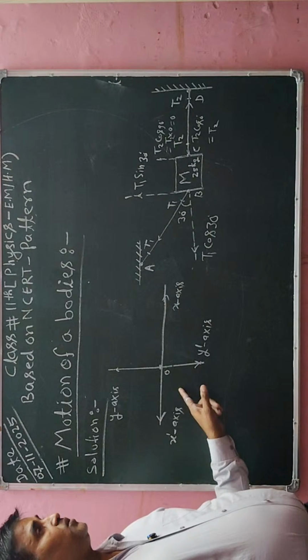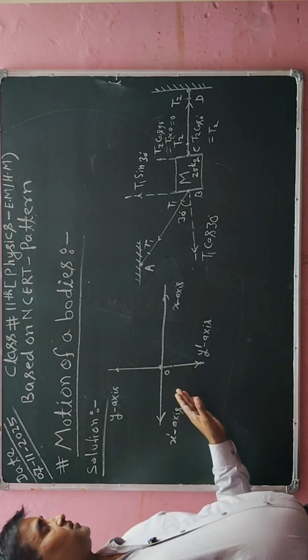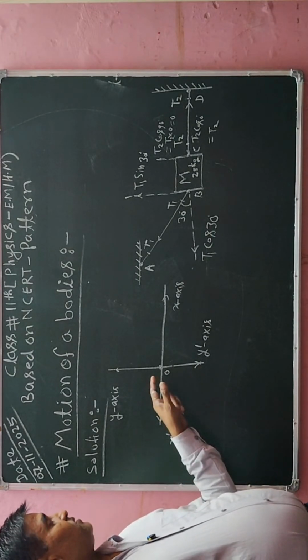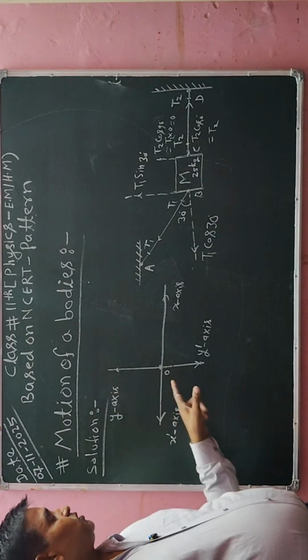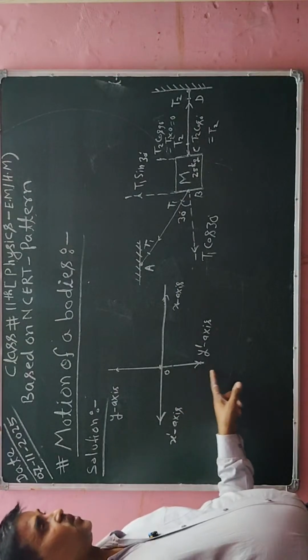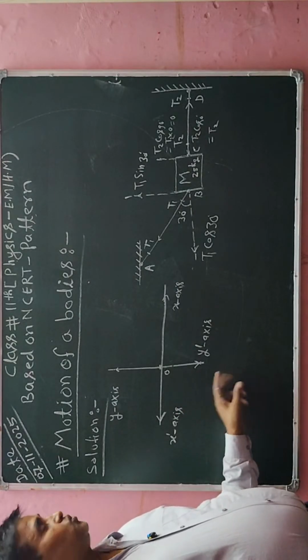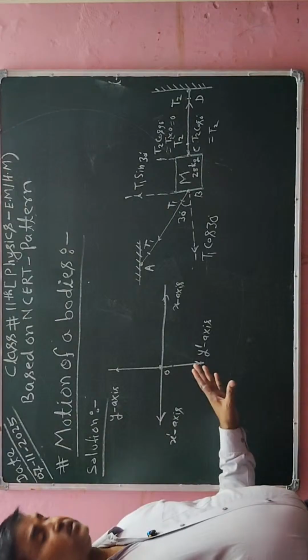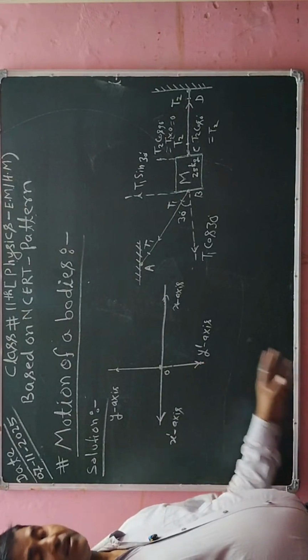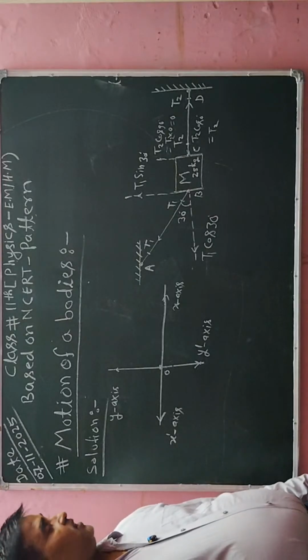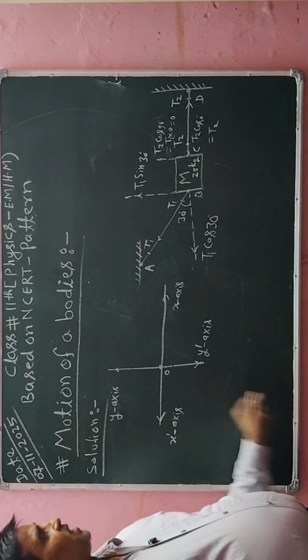This will be one equation. Similarly, I will take the sum of all forces along the y axis, which is equal to the sum of all forces along the negative y axis. So I will get equation number 2, and then I will solve. After solving, I will get the values of T1 and T2. Okay students, this concept I have to use.